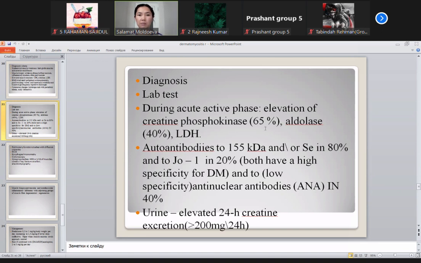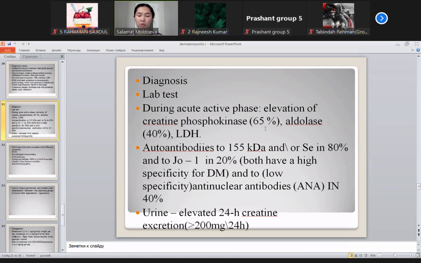Now you check routine tests, you check some muscle enzymes, but again you should check antibodies to be sure, to be proved. We will check antinuclear again, so famous, so useful. In 40% it will be positive.